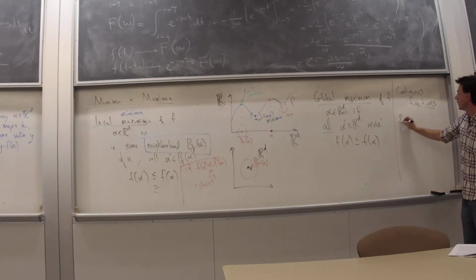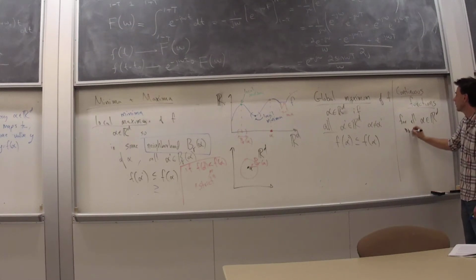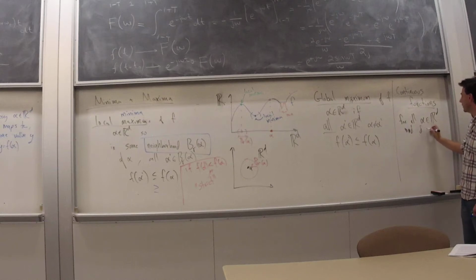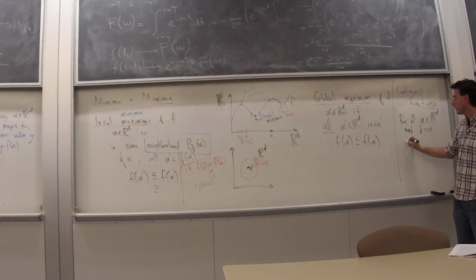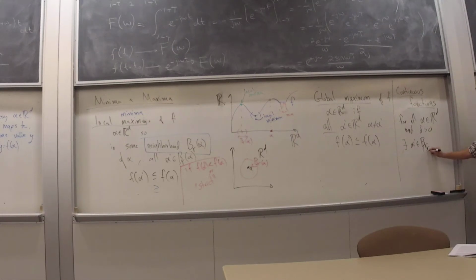So for all alpha in R^d and some parameter delta greater than 0, there exists an alpha prime in some ball of radius r delta. So this is a radius that depends on delta, of alpha.